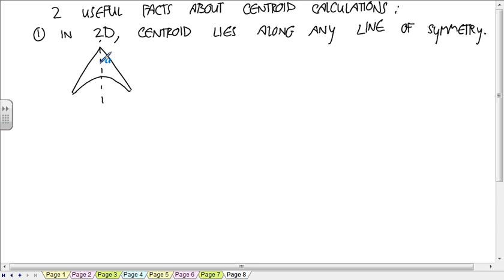Also, if you can find two different lines of symmetry for any shape, wherever they intersect has to be the centroid.